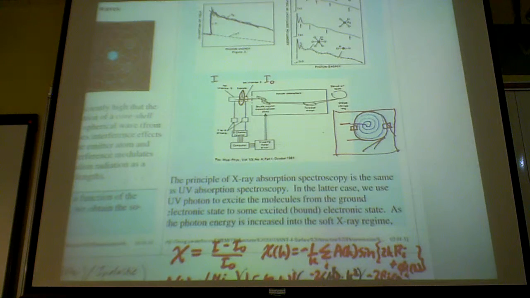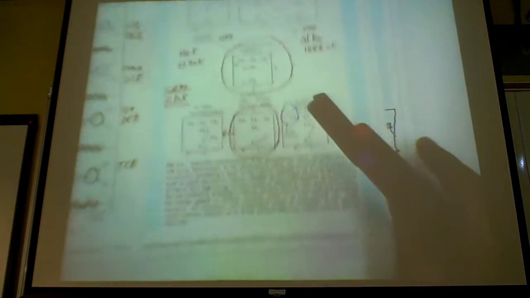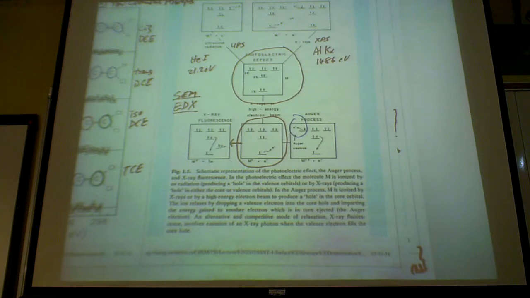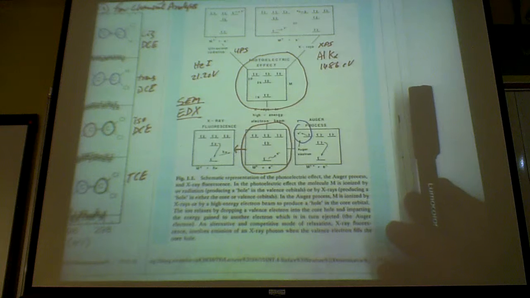Yes? A simple question related to the previous slide. How do we preferentially excite only the 1s electrons? You don't have a choice. If you're using a fixed photon beam, you would absorb the entire photon, and then the material will decay the way it decays.